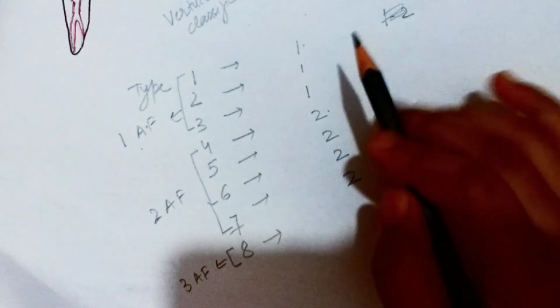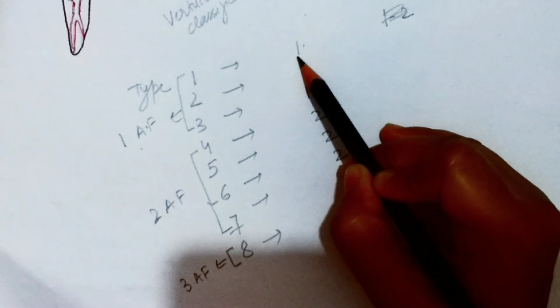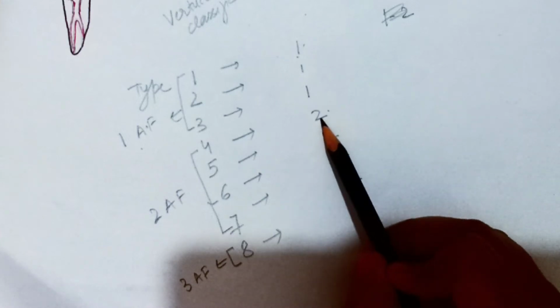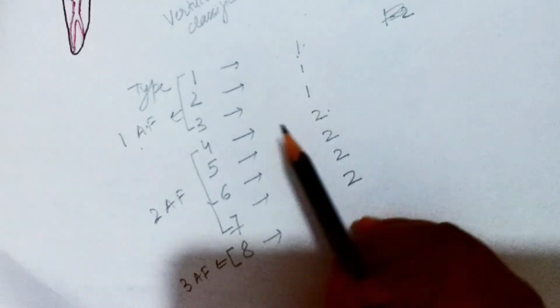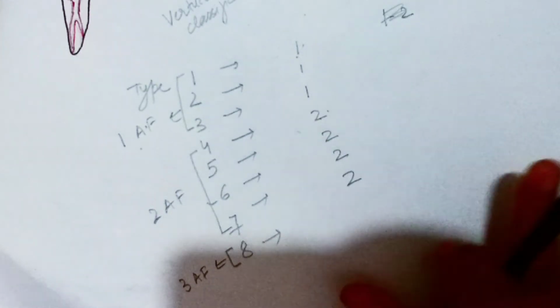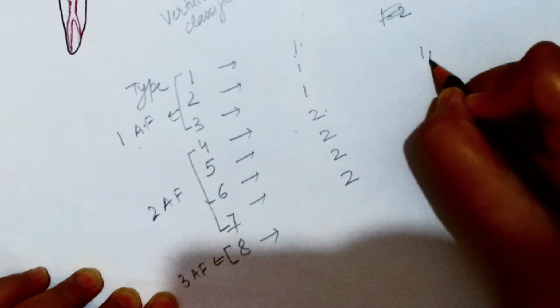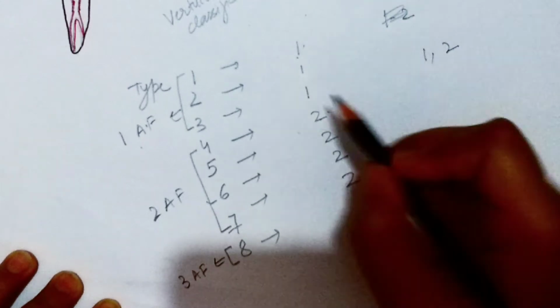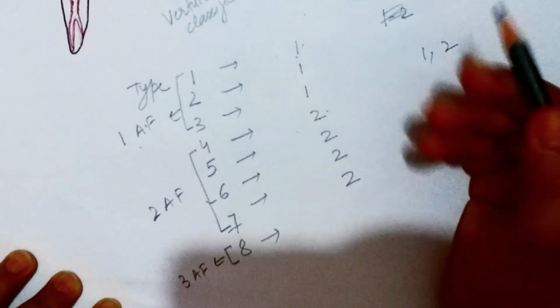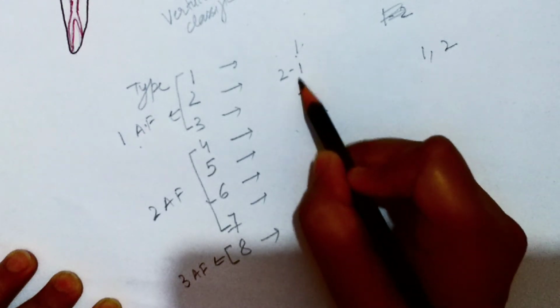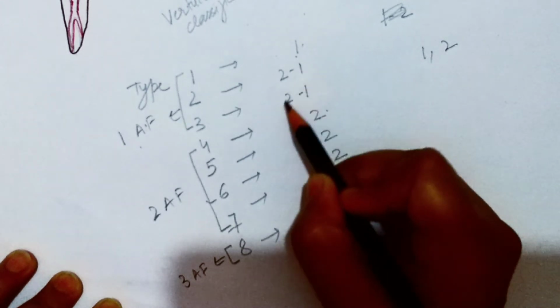So in type 1 we will not write anything before 1, and in the second group also, we are not going to write anything before the first number. After that we are going to write 1 and 2 alternatively. So if we have 1 on the extreme right, then we write 2 here. Then here we have 1, 2, and then we add 1 more number.